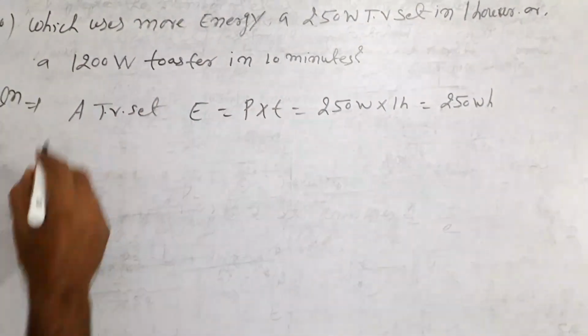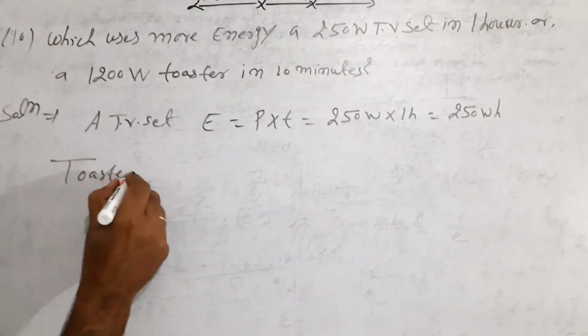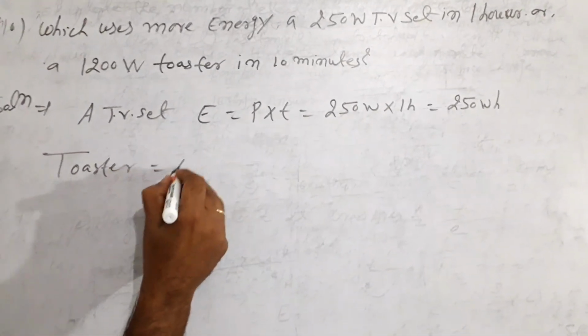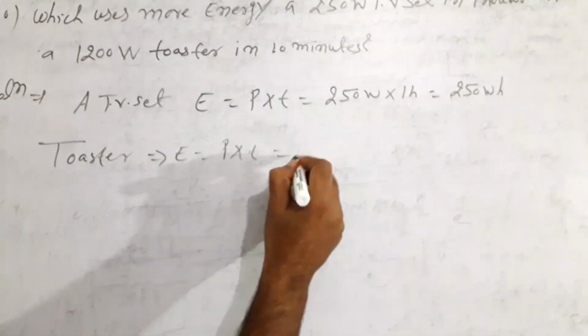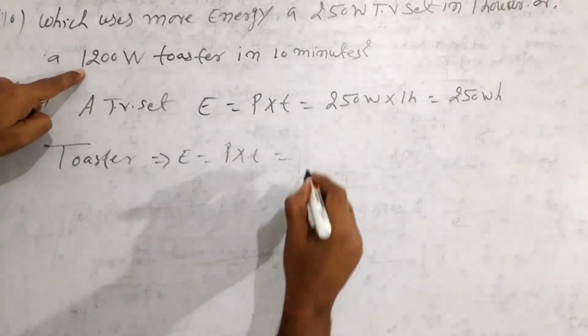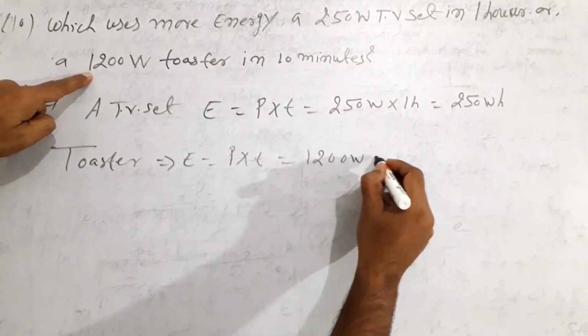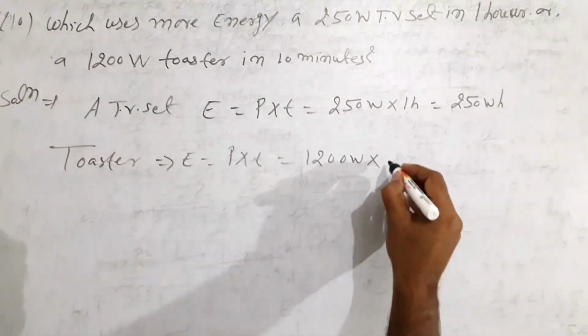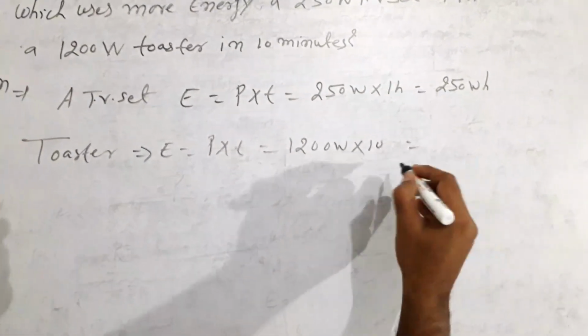Then next, the toaster. The toaster consumes energy E equals, again, P into T. The power is again 1200 watt, and time is given as 10 minutes. Then you calculate.